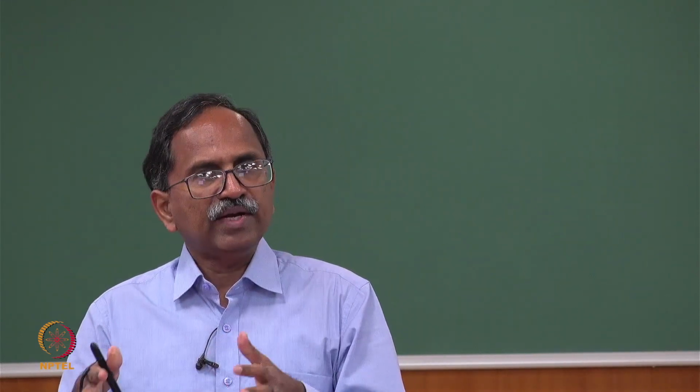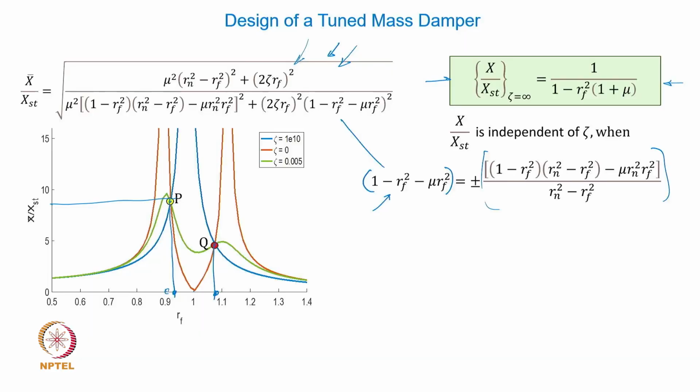Okay, we will not get into that. Trust me that when this is valid, you will find that in the x over xst expression zeta disappears from it, which actually means that if this condition is satisfied, it pertains to this point and this point. Does it not mean?